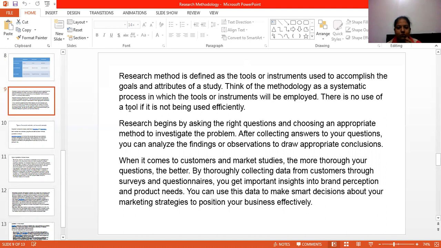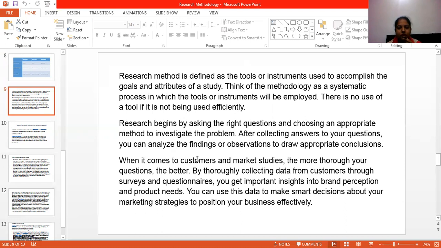There is no use of a tool if it is not being used efficiently. Research begins by asking the right question and choosing an appropriate method to investigate the problem. After collecting answers to your questions, you can analyze the findings or observations to draw appropriate conclusions.